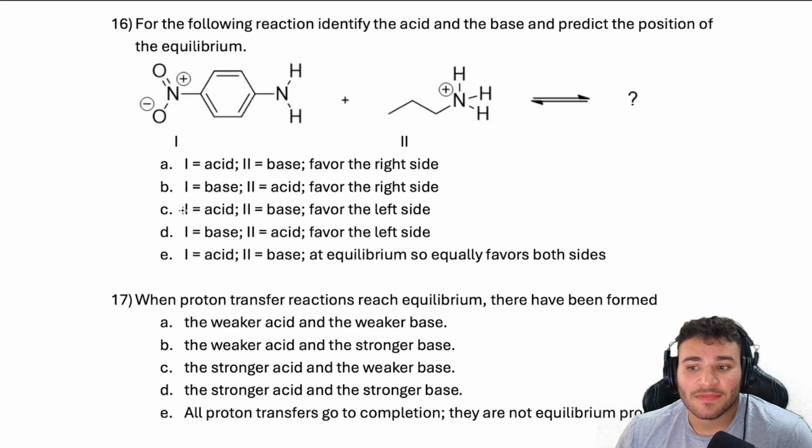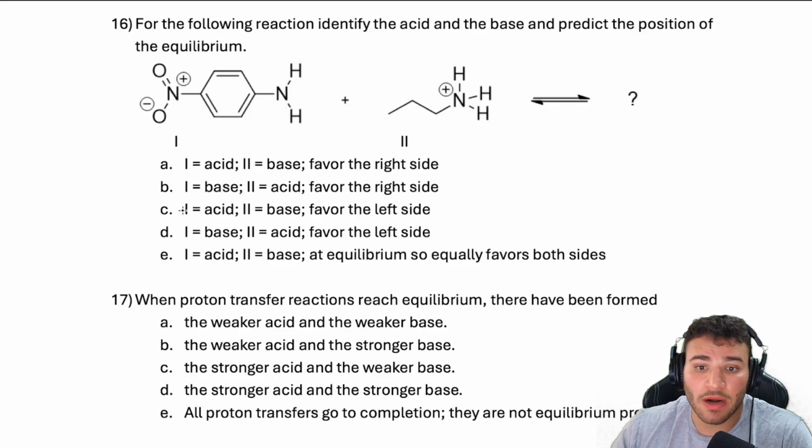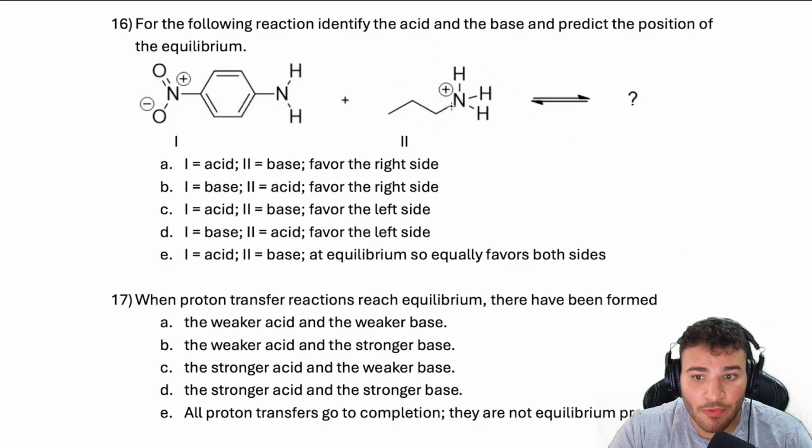To do that, a good idea is to draw out the conjugate acid and the conjugate base. We have to draw a mechanism and figure out what's going on. On the right side, we have this positively charged nitrogen with donatable protons, meaning that it can definitely act as an acid. It's actually pretty strong. Remember, stronger than even alcohols.